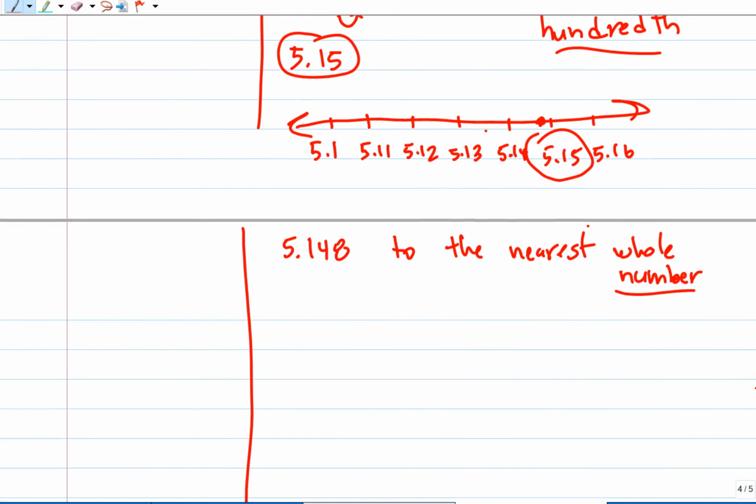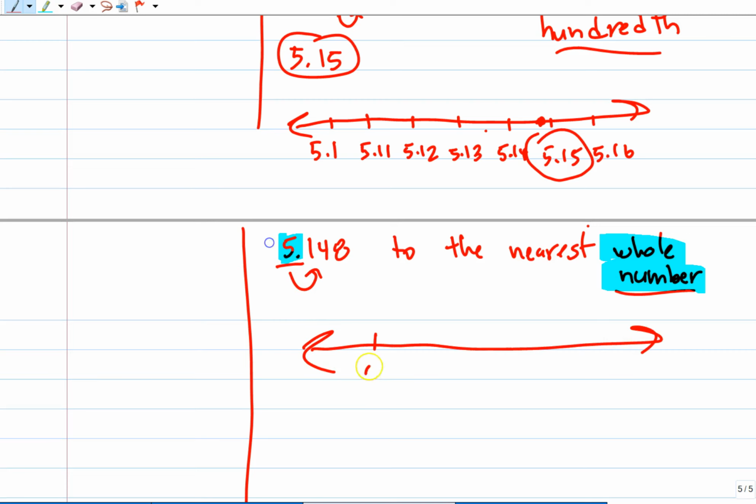What if I just took 5.148 to the nearest whole number? Well, the whole number this time would be the 5. The number after that is a 1. What does that mean if I count by whole numbers? Where would 5.1 be?